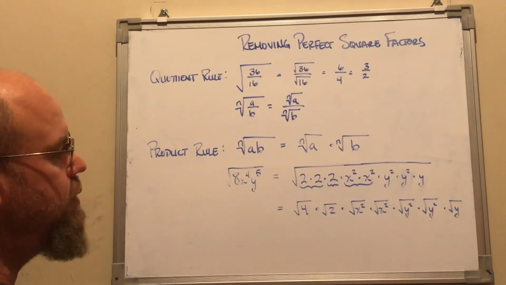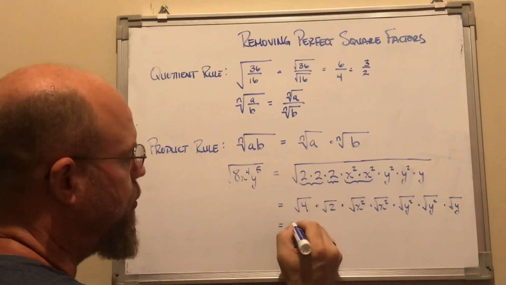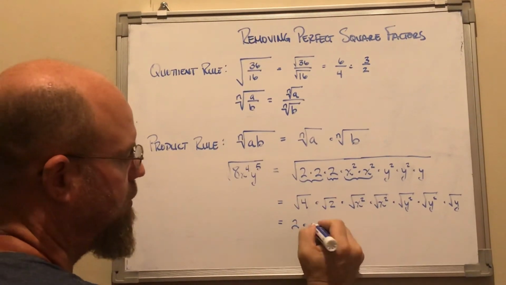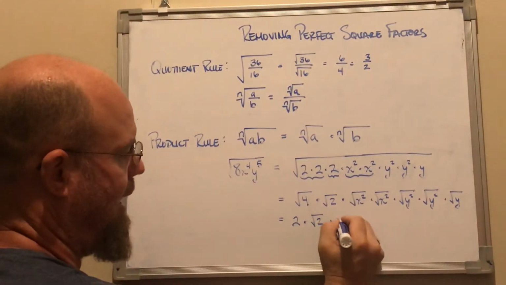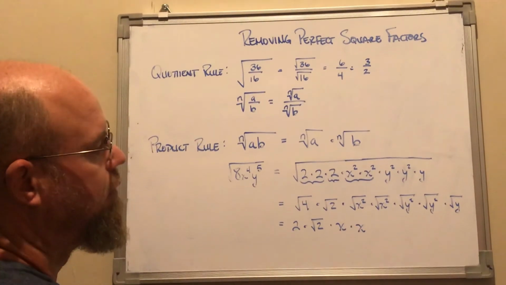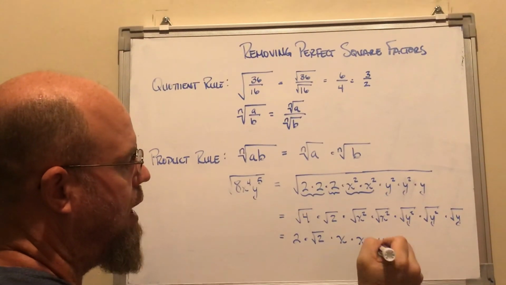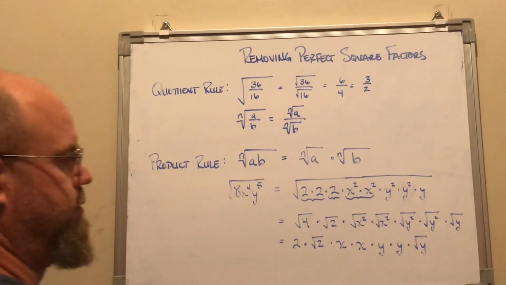So then what we do is we go through here and we find, what are all the perfect square roots? Well, we've got square root of 4 is 2 times square root of 2 times x times y times y times square root of y.